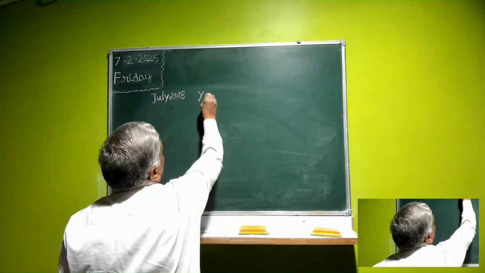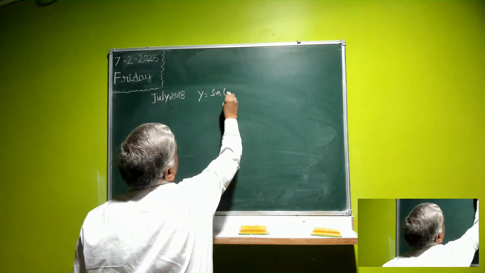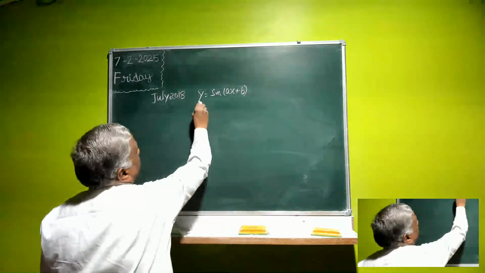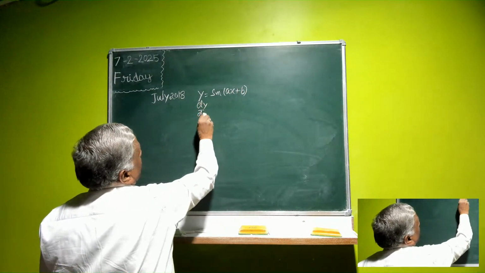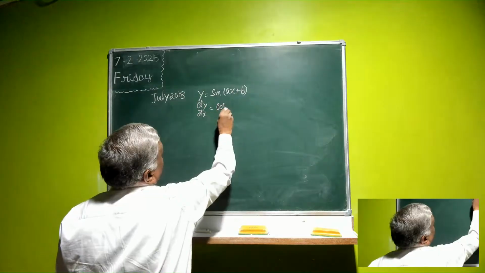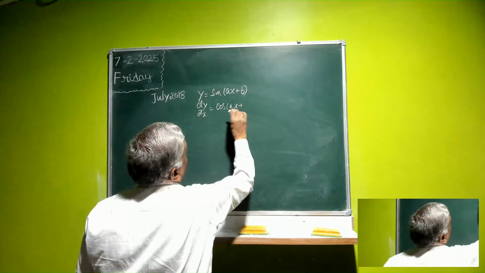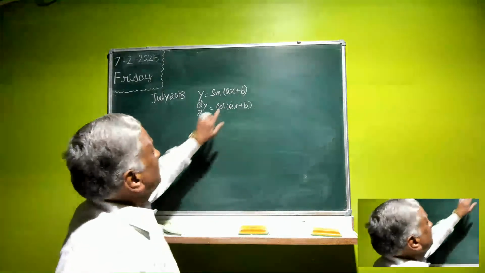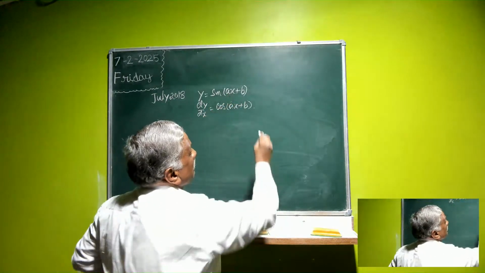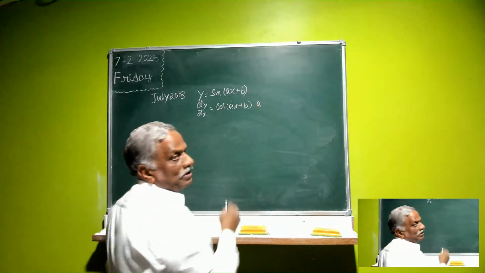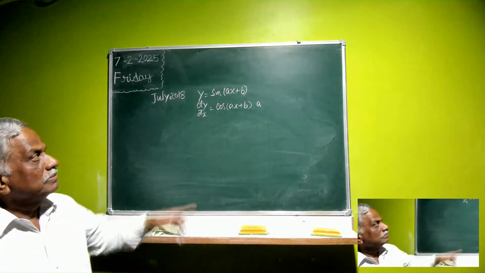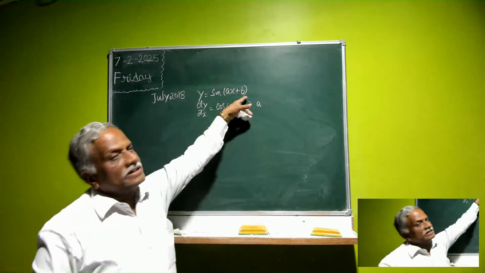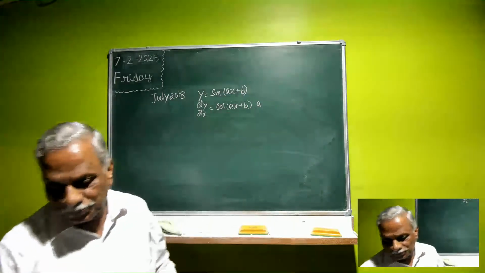All very simple problems. So dy by dx is equal to, again chain rule, sine of anything is cos of the same thing. Then you should differentiate ax plus b. A is a constant, x is 1, therefore a. But here a is with x, therefore you keep the constant and differentiate x. Here b is a constant, therefore it is 0.